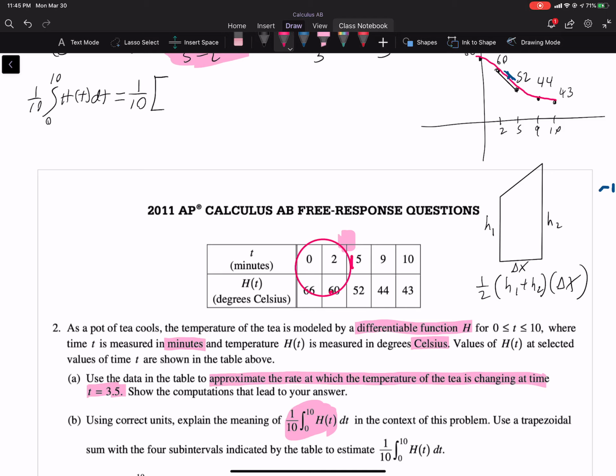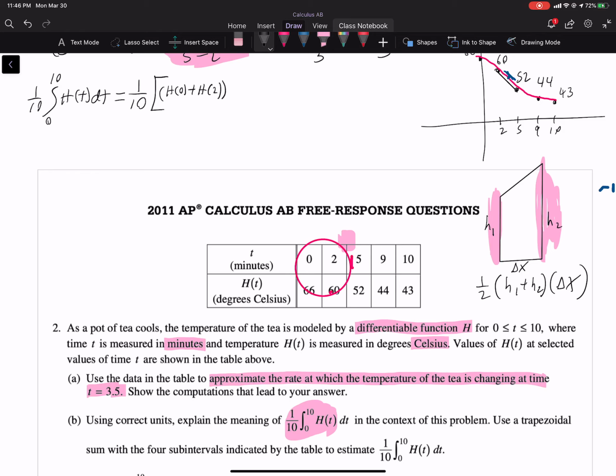4 times? That's kind of ugly, but oh well. So hopefully I don't run out of room. H1 and H2 are basically the value of the function at those 2 points. So H1 will be H of 0 and then H of 2.